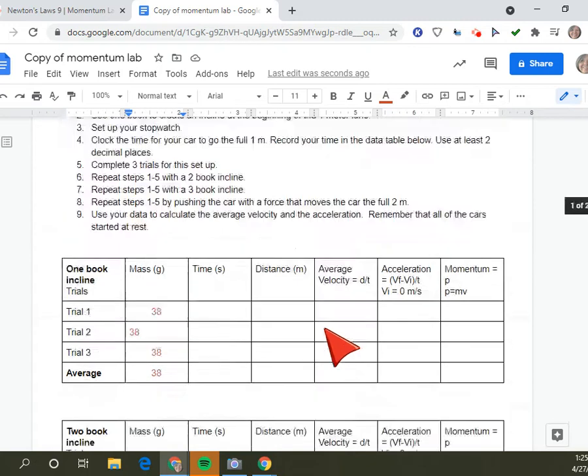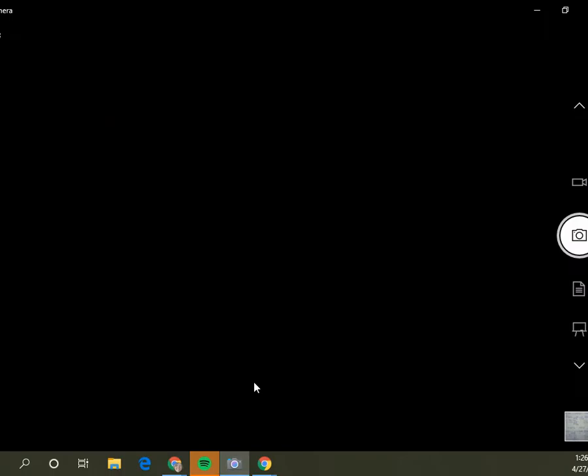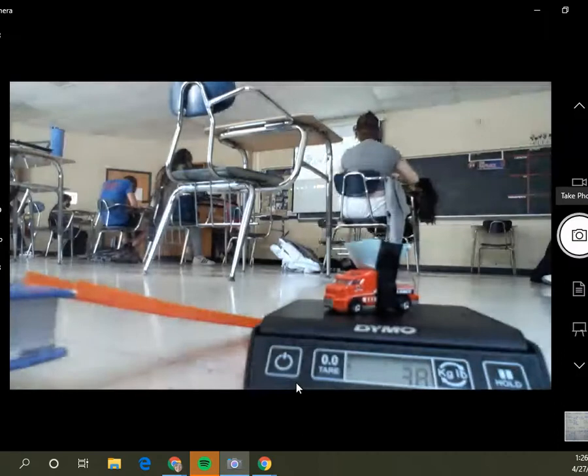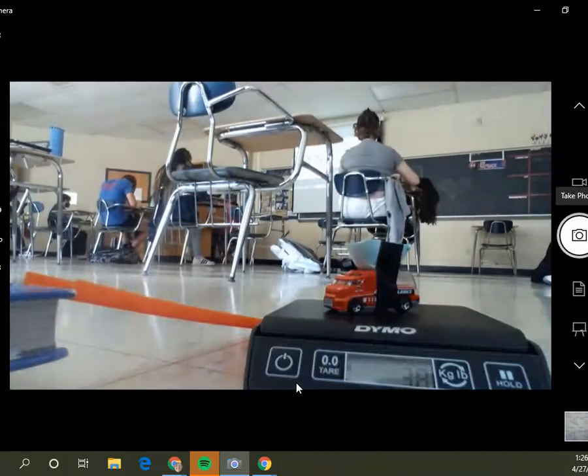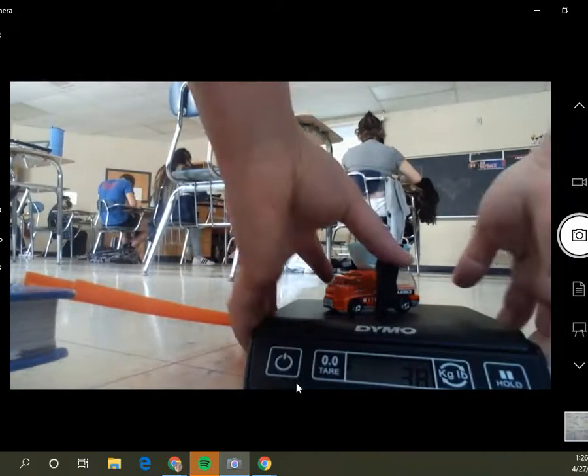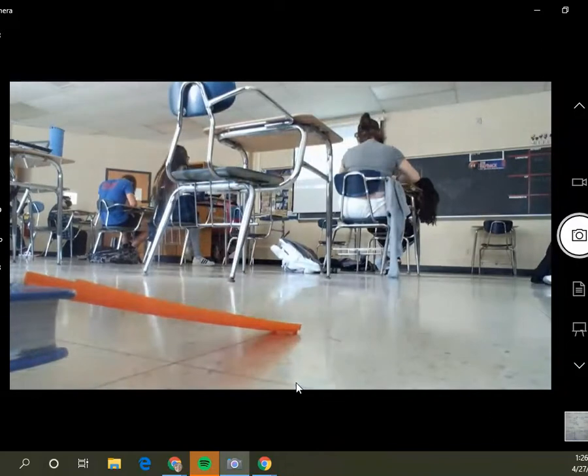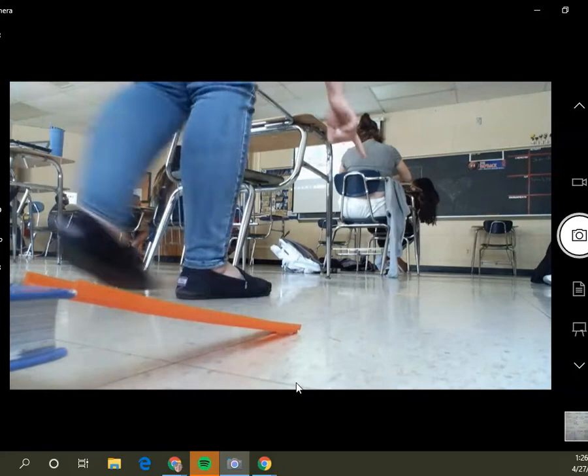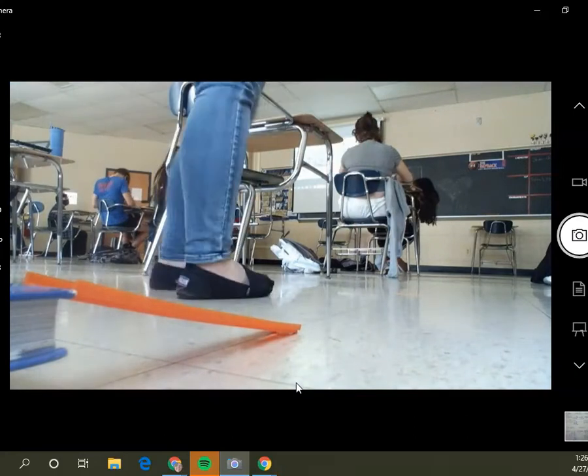So let's scroll back up and look at our first data table. We have time and distance, and it does say clock the time your car will go for the full 1 meter. If we look at our camera, hopefully you can see when I move the scale, right here is 1 meter on the floor.